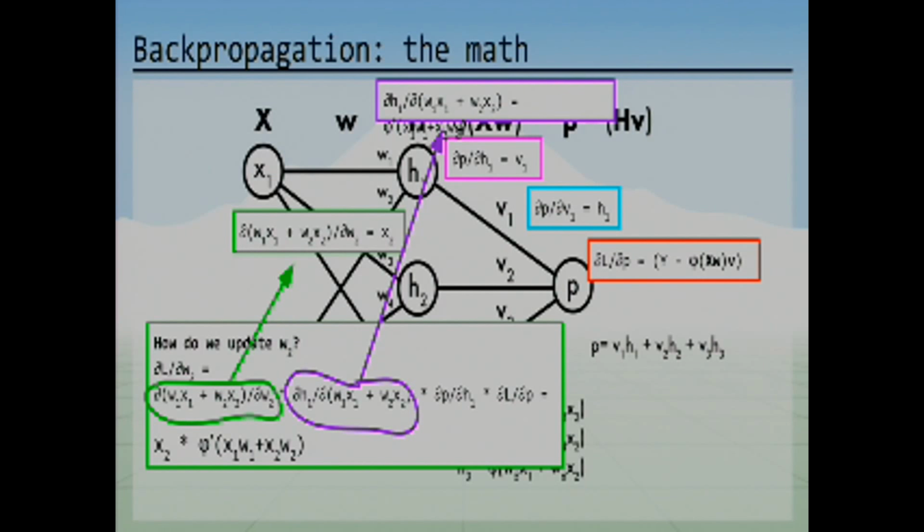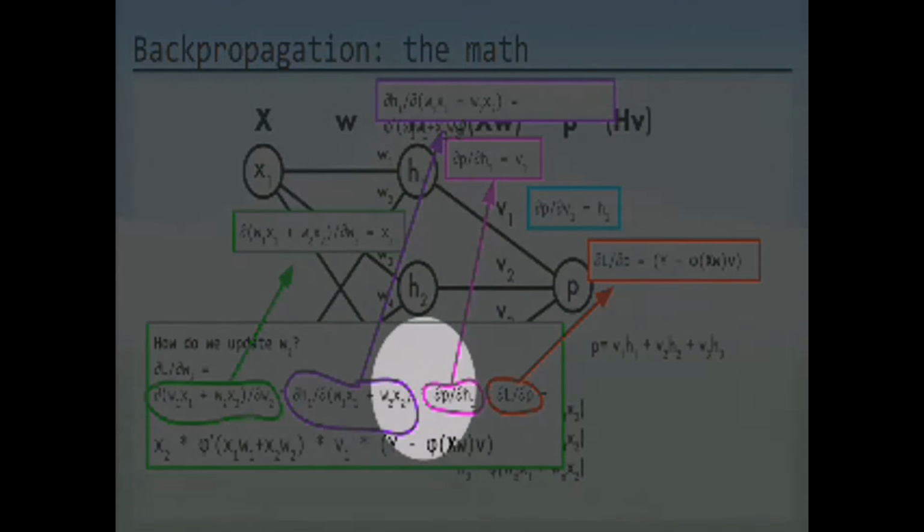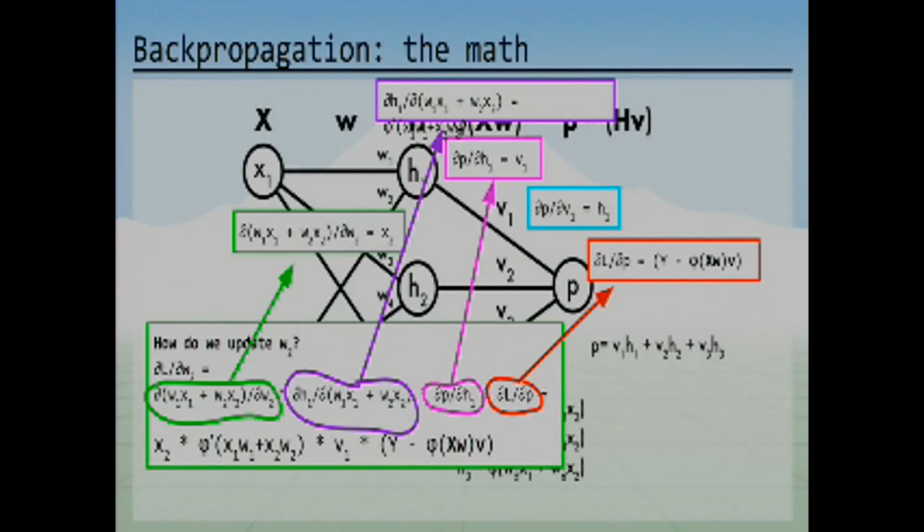So the partial derivative of f of x with respect to x is just going to be f prime of x. We know what dp dh1 is because we just calculated it. It's v1. And we know what the partial derivative of the loss with respect to p is going to be. It's just the difference of the output that we wanted to get minus what our model actually predicted, phi of xw times v.